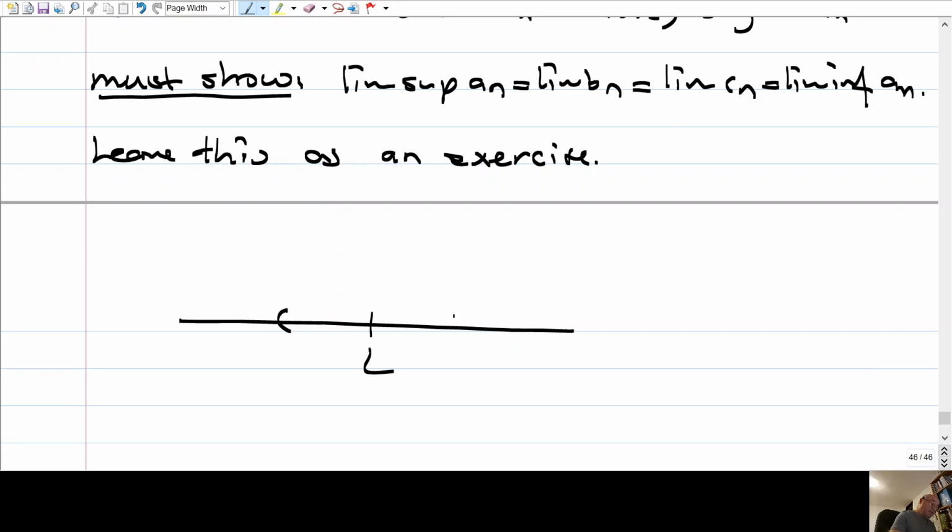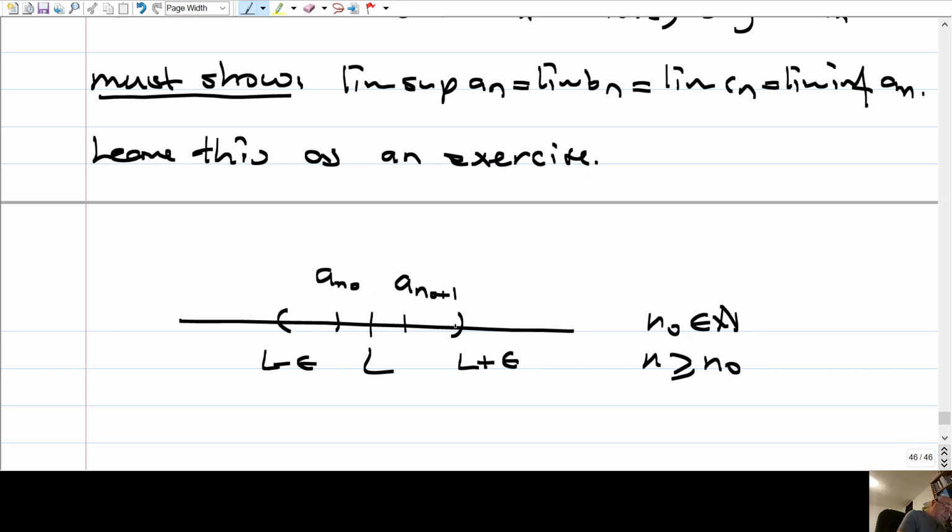So you choose some epsilon. I have L plus epsilon, L minus epsilon. I know that there is some index n0 such that for n greater than n0, all the terms of the sequence are inside this interval. So an0 is somewhere here, an0 plus 1 is here, an0 plus 2 will be here. So all the terms of the sequence after this index will be here.